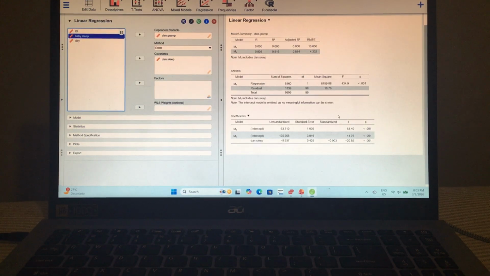So looking at our M1, the values in the column labeled unstandardized are the coefficients. So the y-intercept is 125.956. Okay, that's the unstandardized. And our slope is negative 8.937.